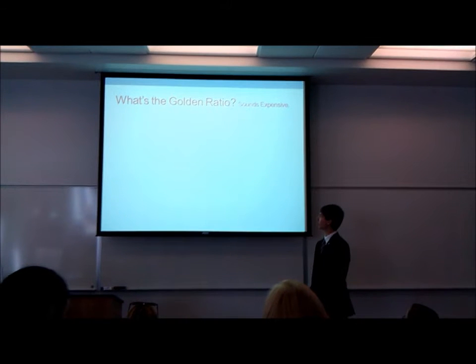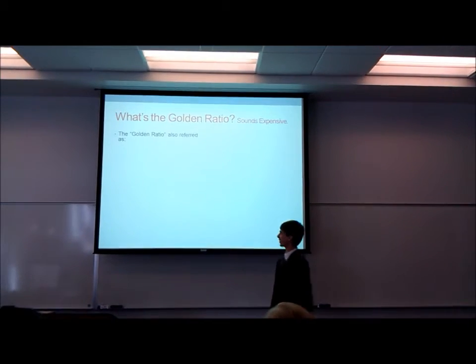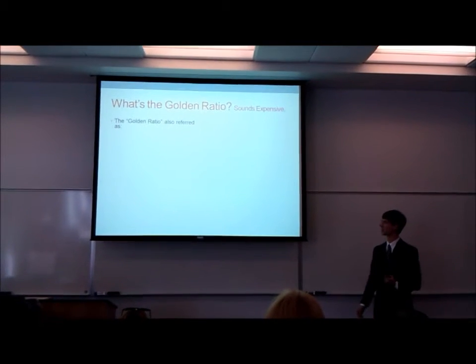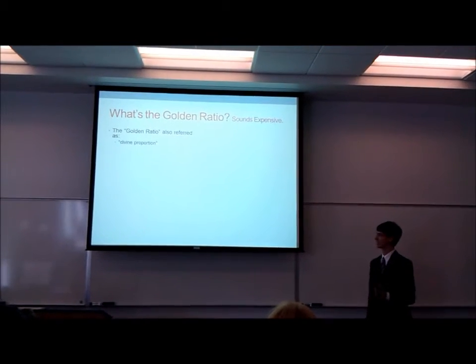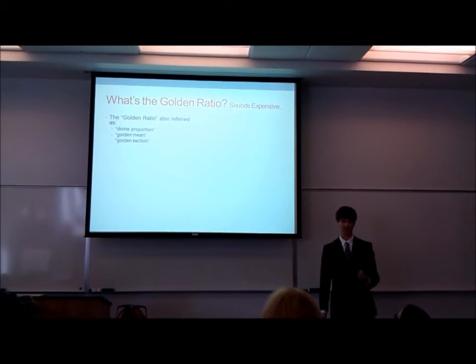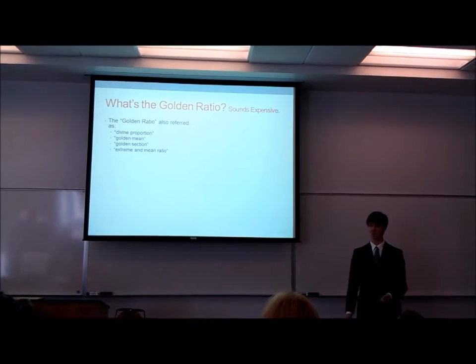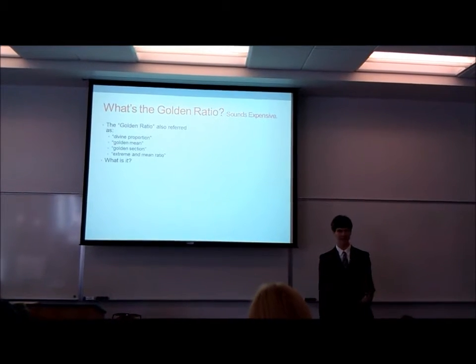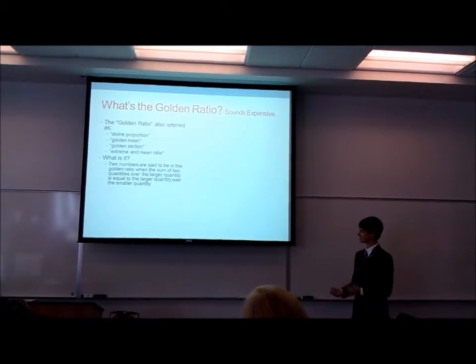Now, what's the golden ratio? Sounds expensive. The golden ratio is a proportion. It's been referred to by a lot of different names: the divine proportion, the golden mean, the golden section, the extreme and mean ratio, and lots of others. But what exactly is it? It's a ratio of two numbers.